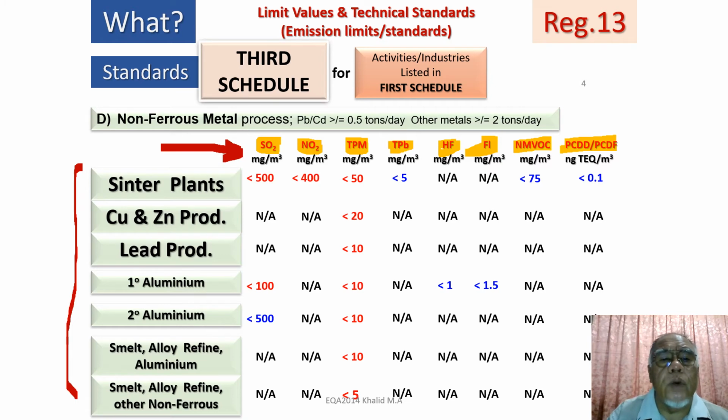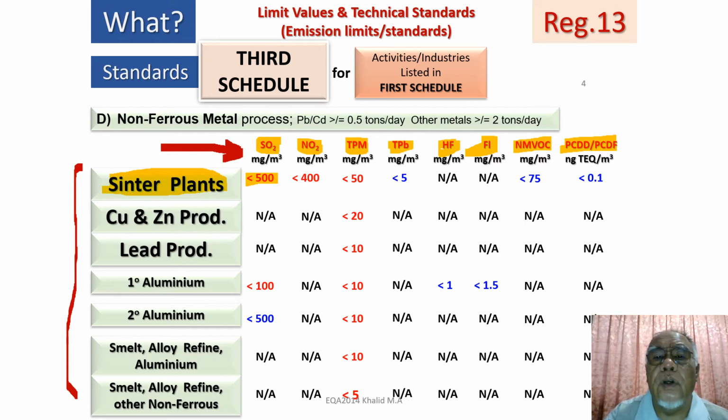For example, this one. If you look at sinter plants, all right, let's take a look at sinter plants. Okay, this is sinter plants. For all sinter plants, apparently, for sulfur dioxide, the emission limit is less than 500 milligram per cubic meter, and the monitoring is continuous, meaning CEMS.